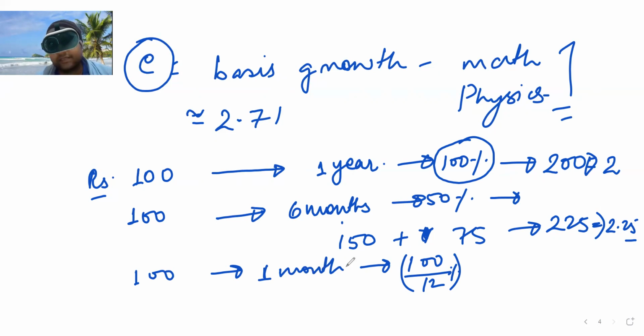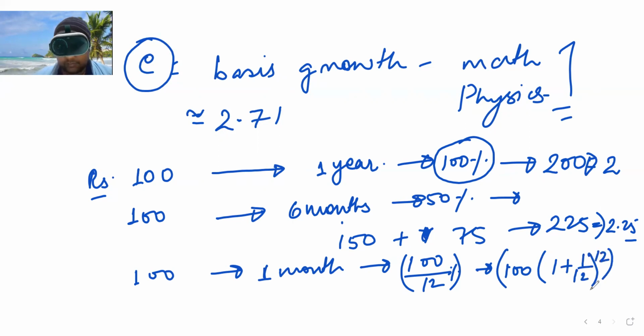Now we are growing this amount every single month, and the rate of interest is proportioned into 12 portions. This will lead to 100 into 1 plus 1/12 to the power of 12, correct? So very quickly I am going to make the calculation.